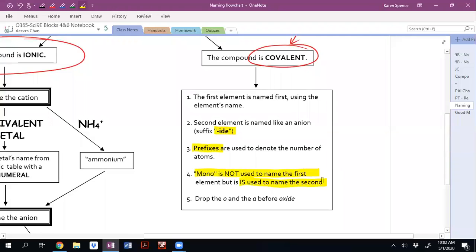All other prefixes are used all the time. And finally, remember that you drop the O and the A before oxide. I suppose I should put oxygen too. I will add that in. That should be stuff you're already familiar with, but these covalent compounds will now be mixed in with the ionic compounds.